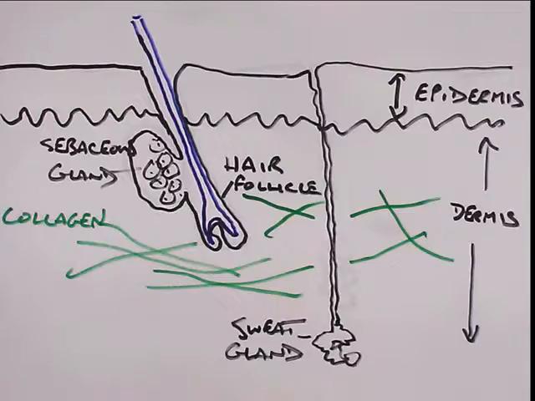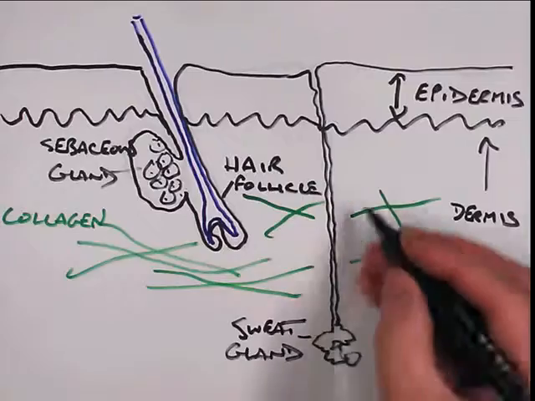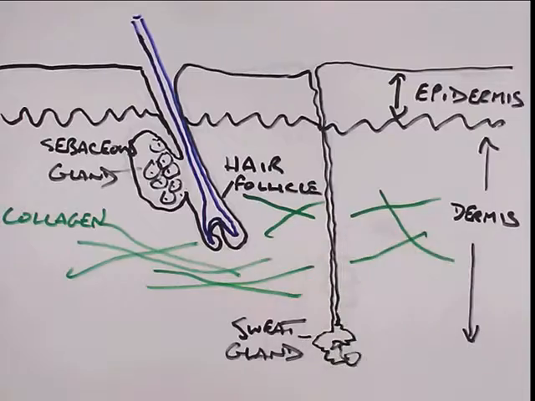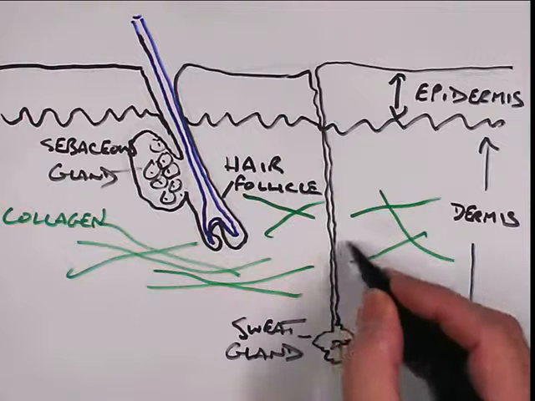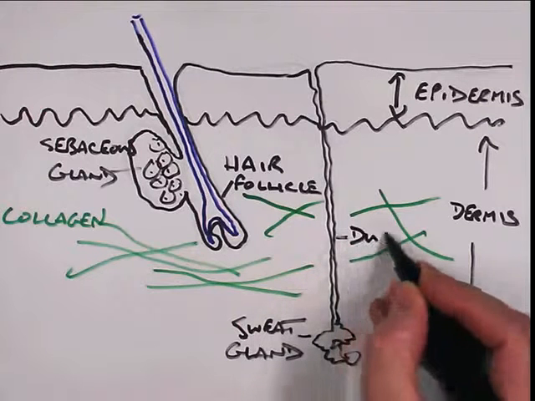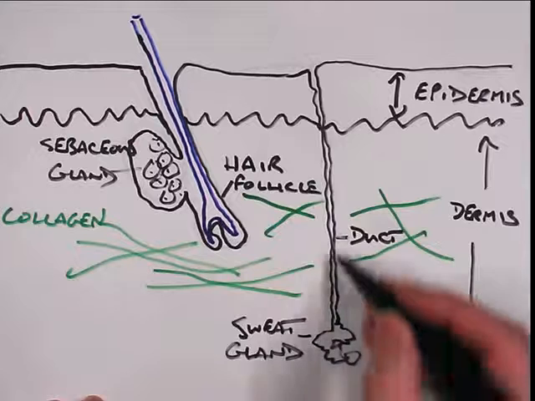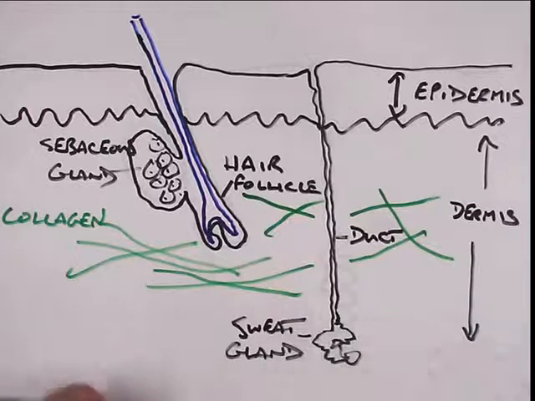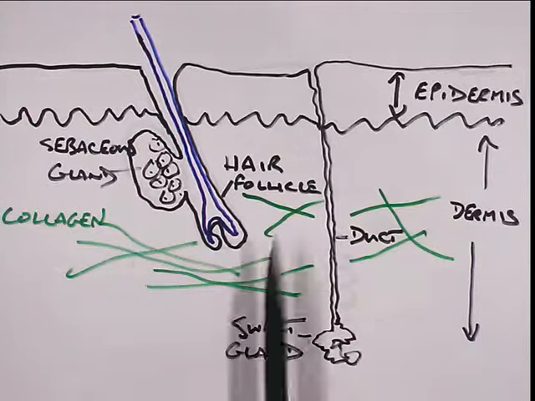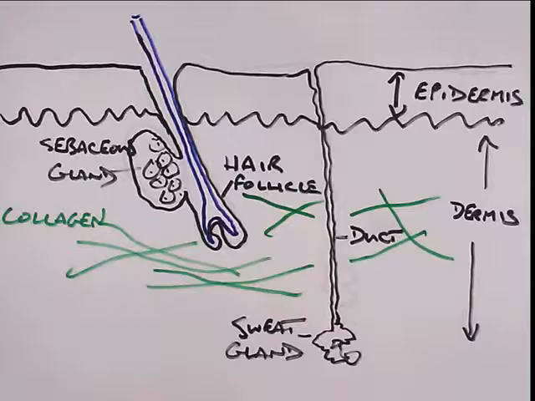We've also talked about how reabsorption of chloride and sodium takes place in the duct of the sweat gland. So this is the duct, which runs all the way up through the dermis, runs through the epidermis, and opens onto the surface.